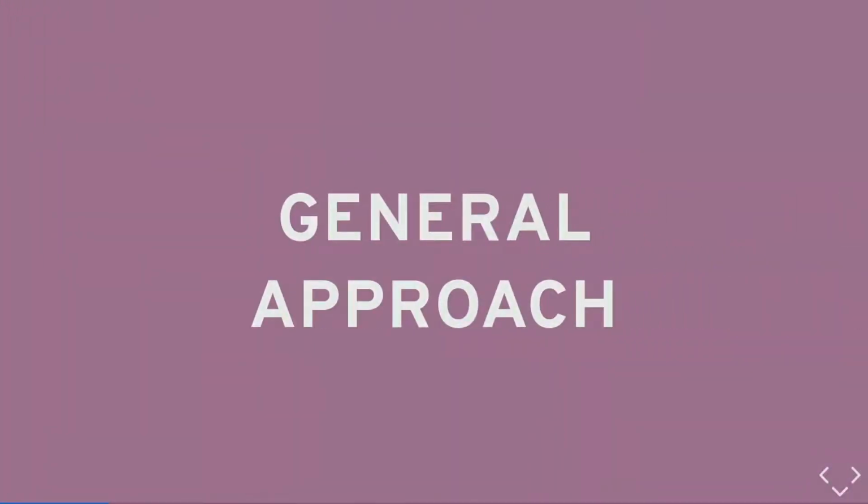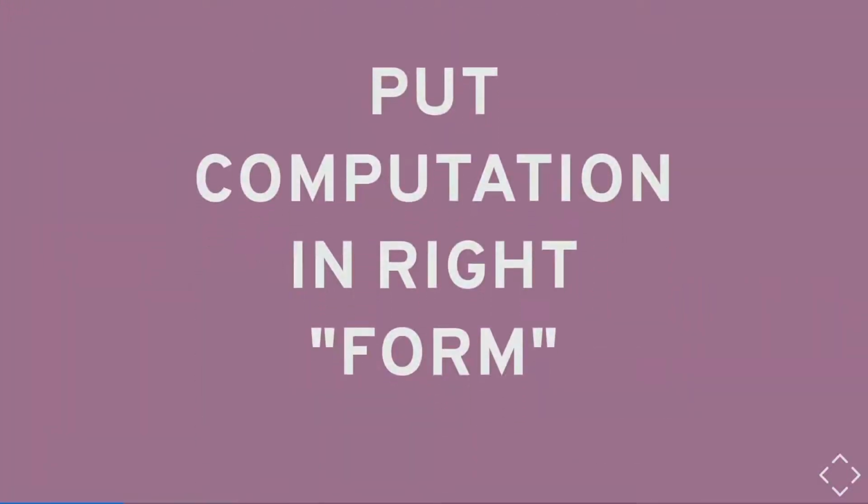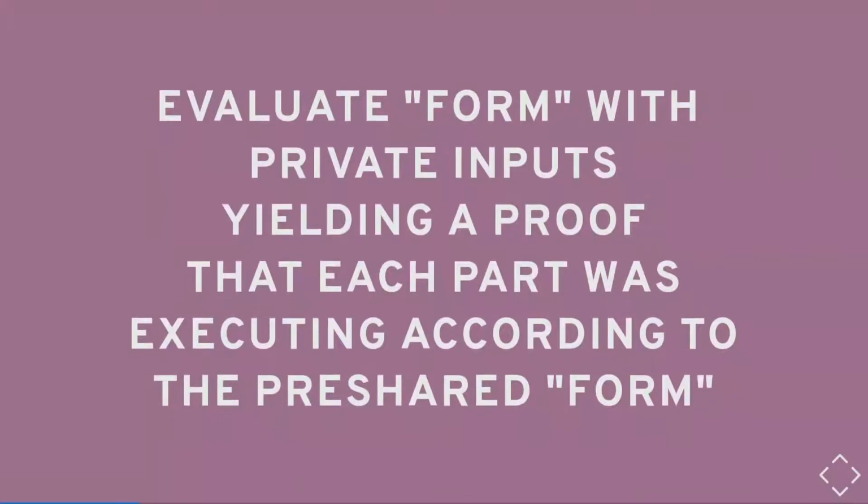All right. So the general approach is, first we need to take some arbitrary computation and put it in the right form, so that we can say that whether it has been correctly executed is equivalent to some mathematical expression. And that's going to be the focus for today. But when we've got it in the right form, we then need to run this form with our private inputs.